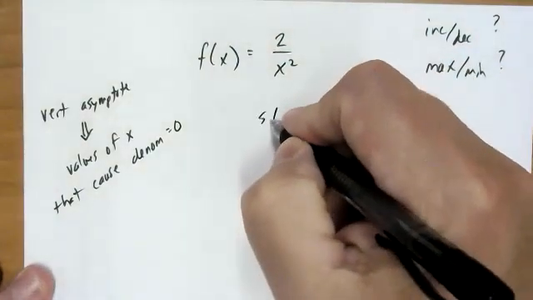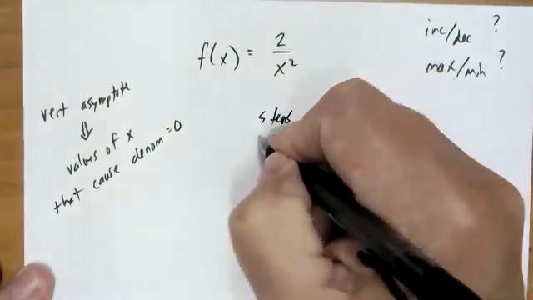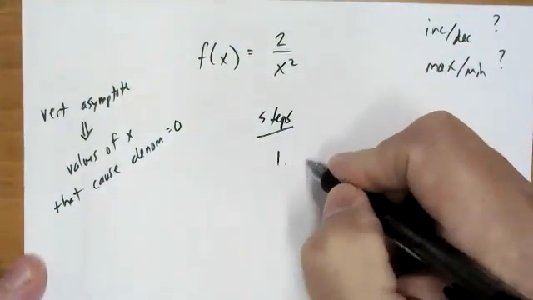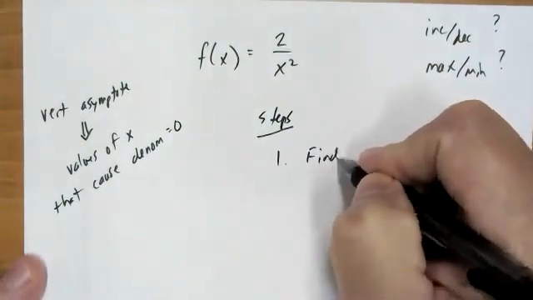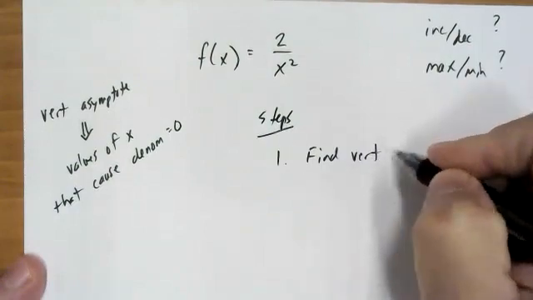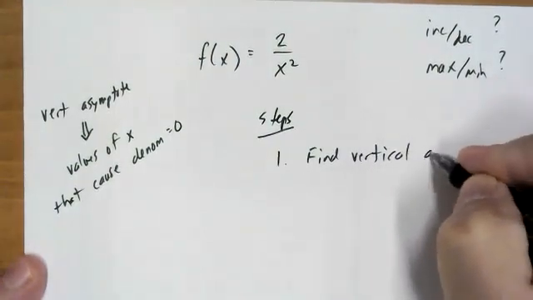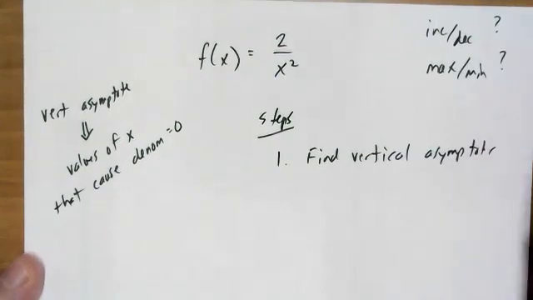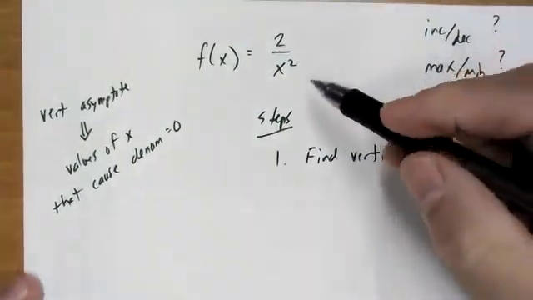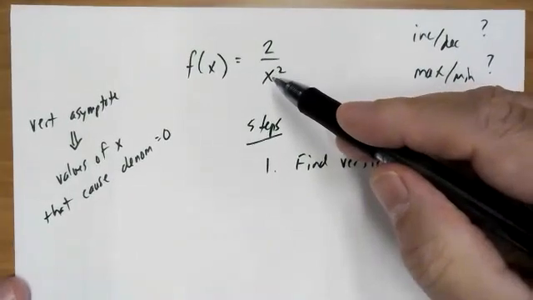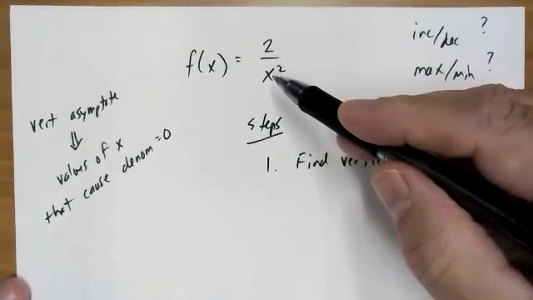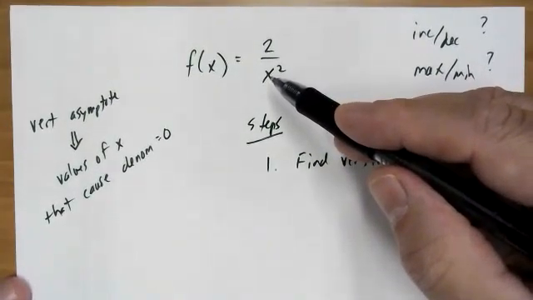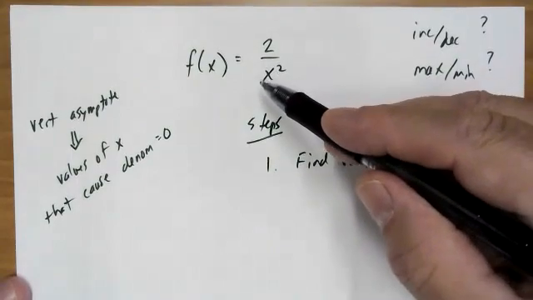So the steps to solve this kind of problem: I'm going to put the first step as find if you have any vertical asymptotes. For this one, it's pretty straightforward, right? If I'm looking at this denominator, what value of x would cause this denominator to be 0?